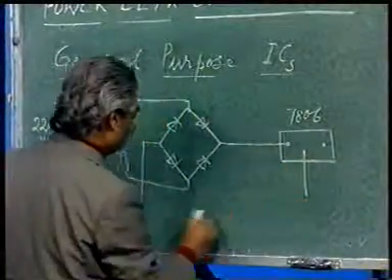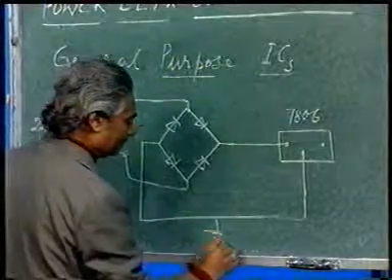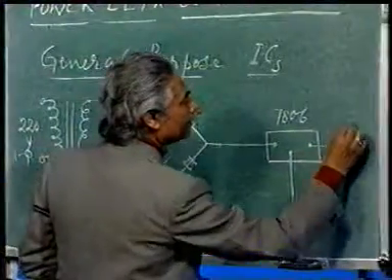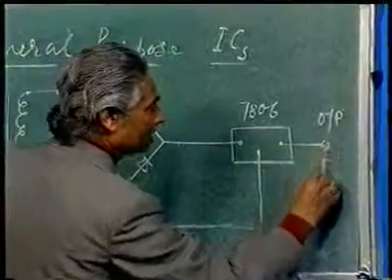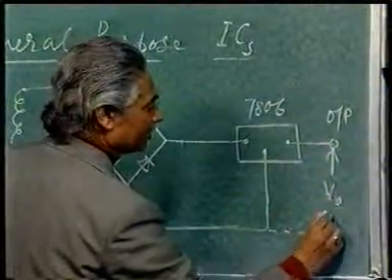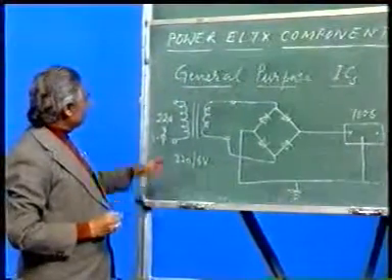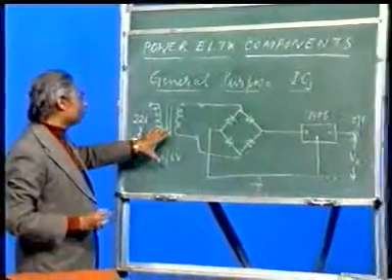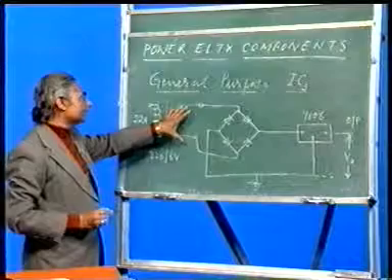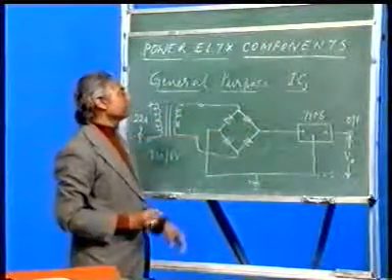This is a full ground and this is the output. So if I find out, this is my V output. So is it clear? I have given a single phase AC supply to this 220/6 volt step down transformer. I have got it 6 volt AC here, then through this bridge rectifier circuit I got it 6 volt DC.